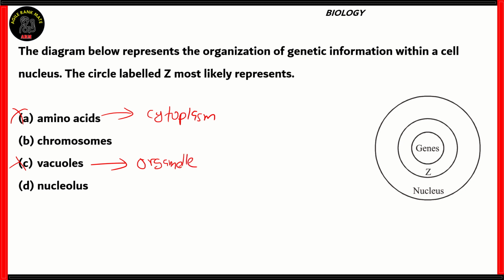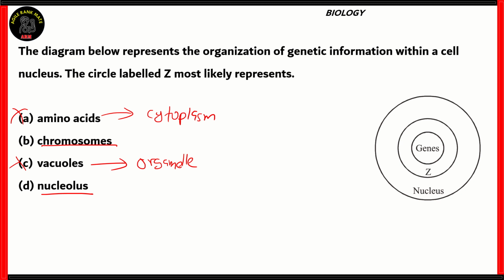It is found as very large in plant cells, and it may be very small or absent in animal cells, but it is not inside the nucleus, it's in the cytoplasm. So we have two options, chromosomes and nucleolus.